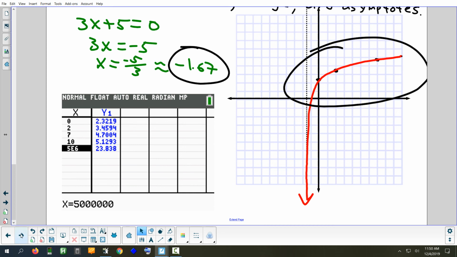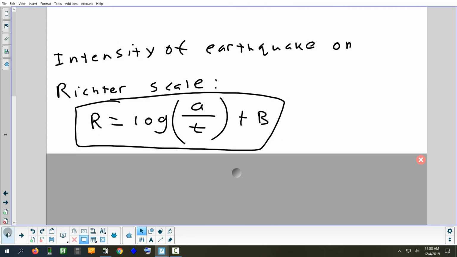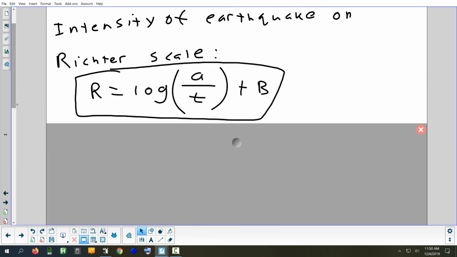All right. So, last thing we'll take a look at is a word problem that has a log in it. And the formula we're going to look at, maybe you've heard of this or not, if you watch the news and they say like, you know, an earthquake of a magnitude 4.2 or something like that, that's on the Richter scale.